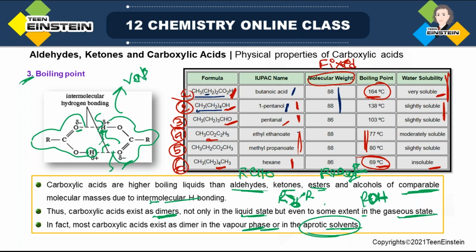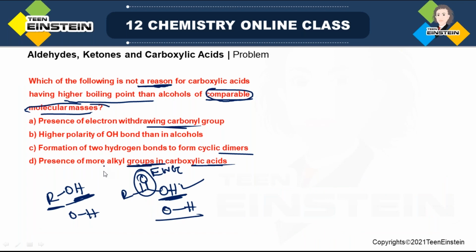So when molecular weights are the same, if you look at the hydrocarbon part, in alcohol it is actually high, and that has to be because when molecular weight is fixed, you have one C double bond O extra compared to OH. So obviously the hydrocarbon part of alcohol will be large compared to the hydrocarbon part of carboxylic acid when molecular weight is fixed. So first of all, the statement itself is wrong, that presence of more alkyl group in carboxylic acid. No, when molecular weights are comparable, the presence of more alkyl group is in alcohol, not in carboxylic acid.